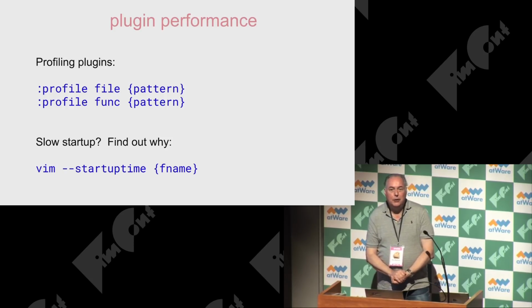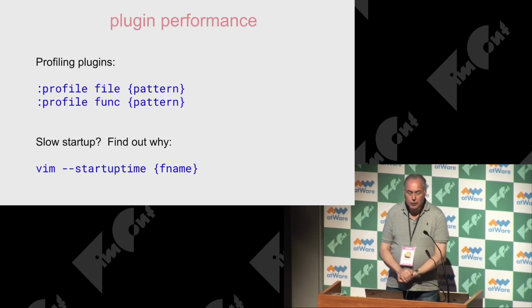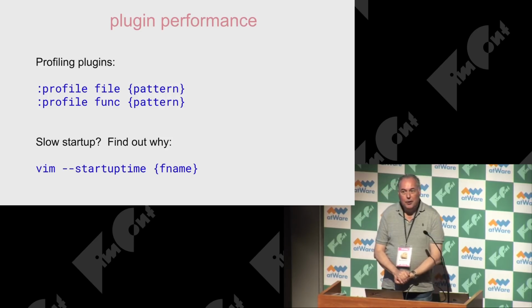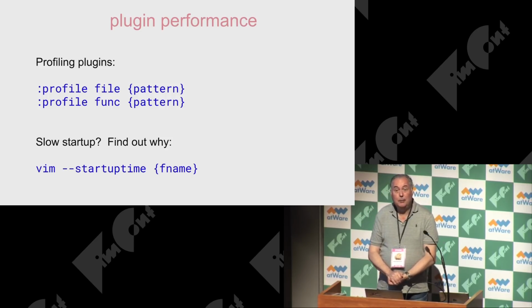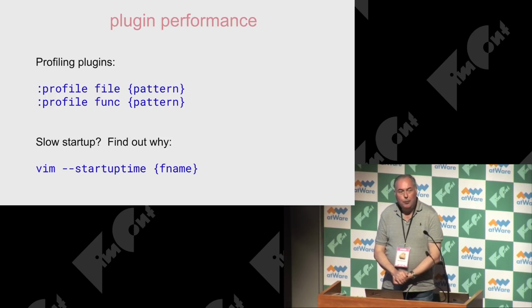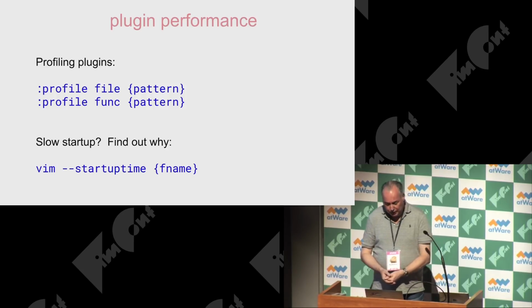So there are some built-in features you can use to at least find out where Vim is spending its time. The profile function is very useful to pin down hotspots, so find out where the plugin is wasting its time. And quite often there's a simple solution by replacing some lines, or you find a loop that doesn't need to be a loop. You can just do it in another way.